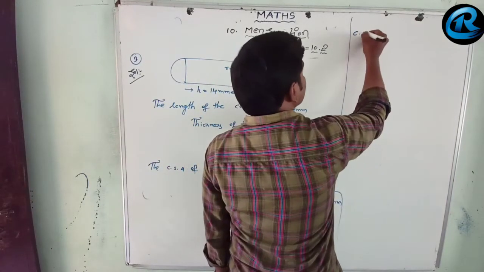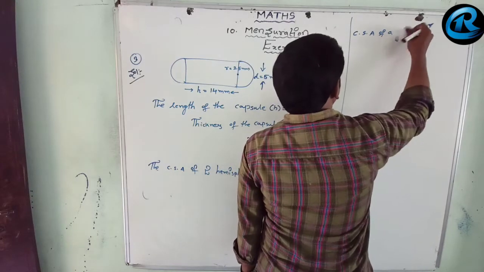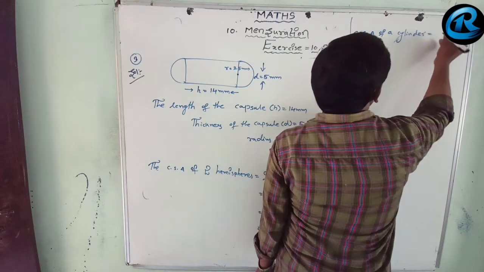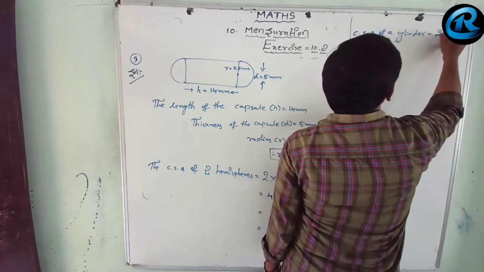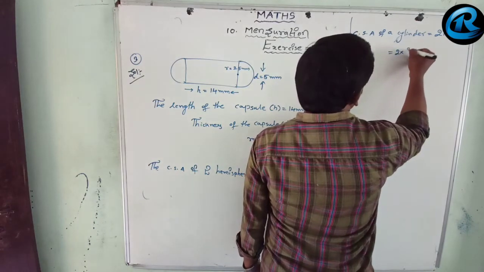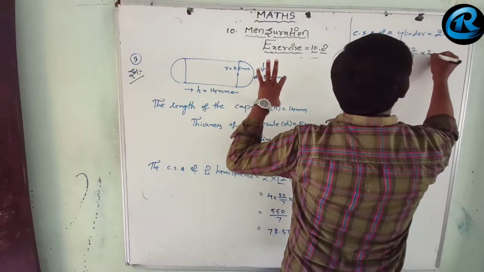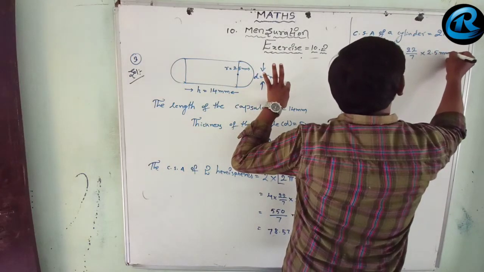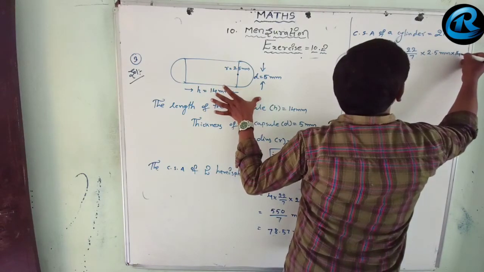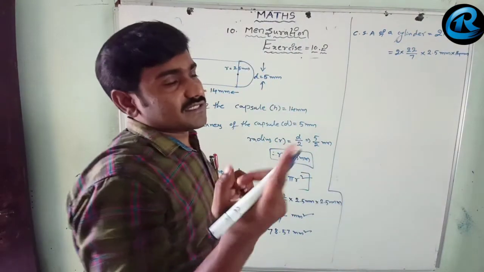So the curved surface area of a cylinder equals 2 pi r h, that equals 2 into 22 by 7 into the r value, that is 2.5 millimeters, into the h value, that is 14 millimeters. 14 millimeters is 1.4 centimeters. 10 millimeters equal 1 centimeter.